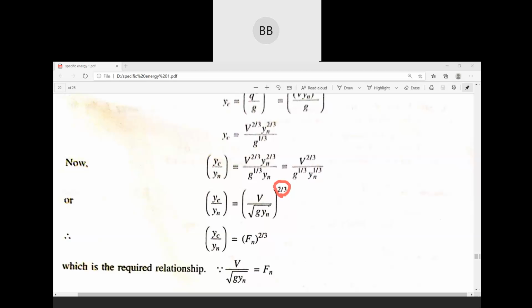Here we have taken root over, that is root over is nothing but half, so ultimately it will be 1 by 3 if you solve again. So in place of this we can write Fn, so Fn to the power 2 by 3. This is the relationship.